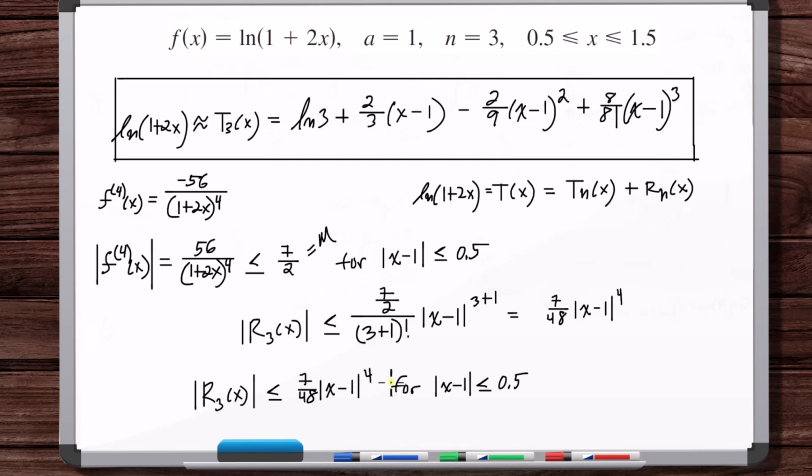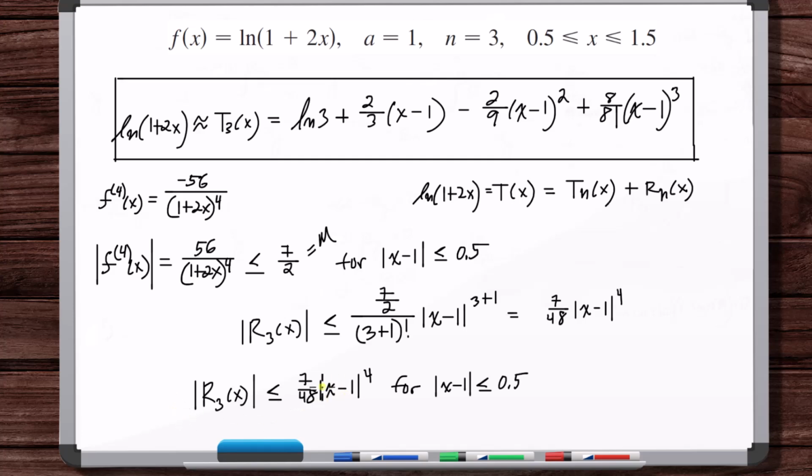But that doesn't mean you have to use that same point here. This is totally independent from getting capital M. We're just saying, okay, what's the worst case scenario here? Once we calculate the M, we forget about the M, and we've gotten the formula for the R sub 3 of x.